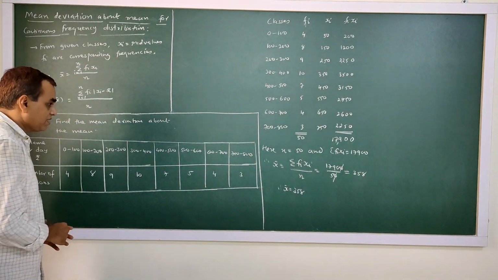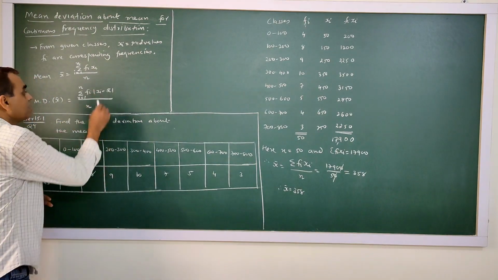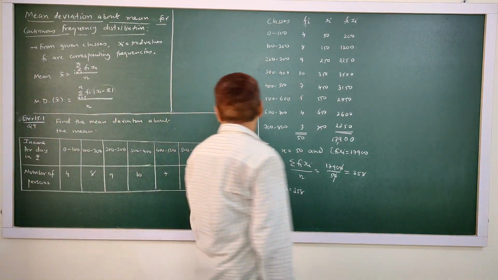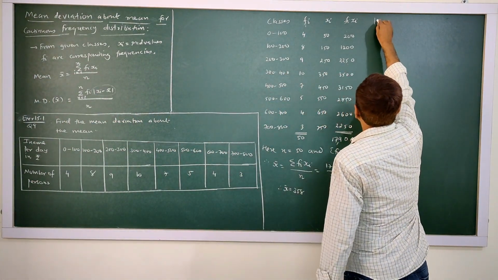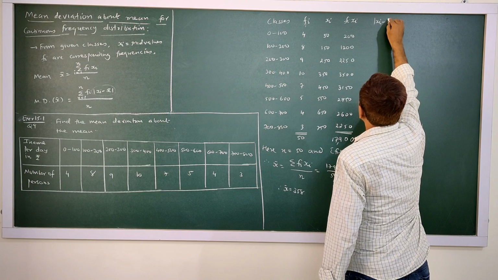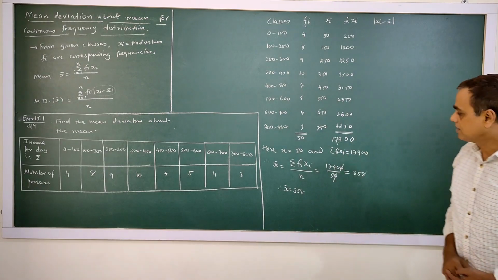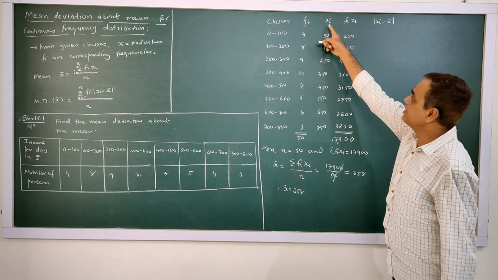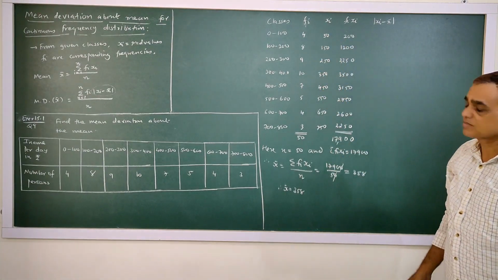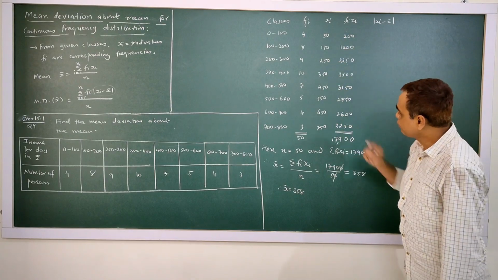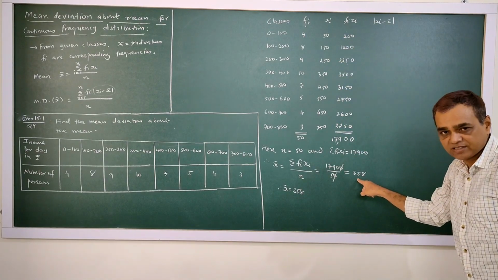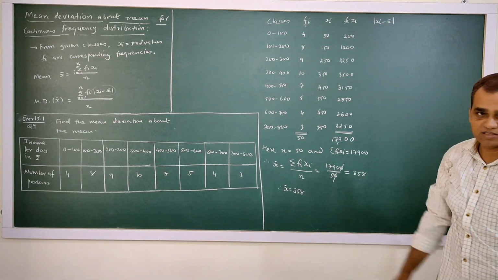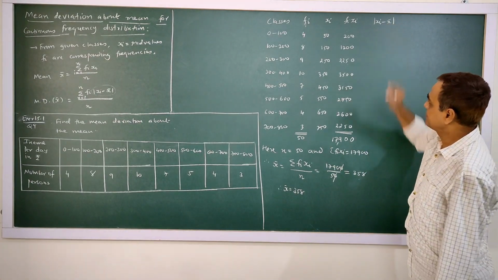After getting x bar, now I prepare column for modulus xi minus x bar. That means from every observation, from every mid value, I am subtracting 358, and we give its positive difference.